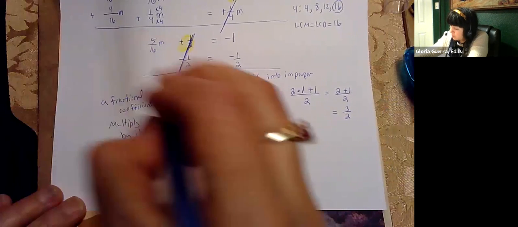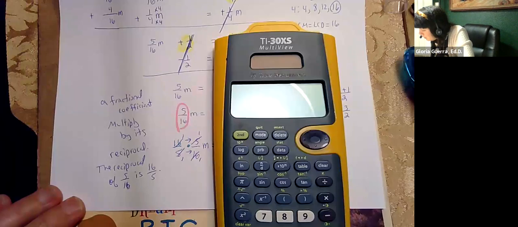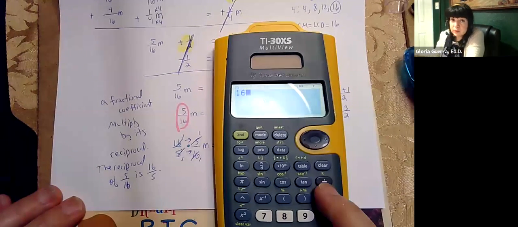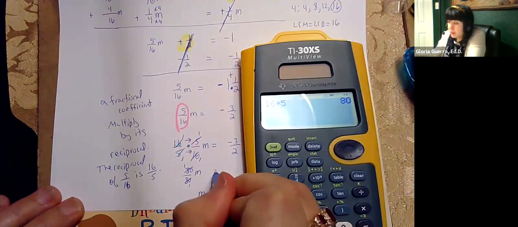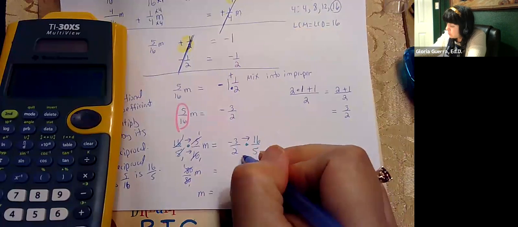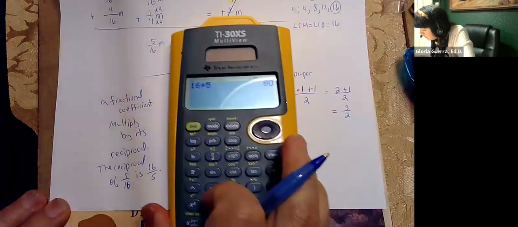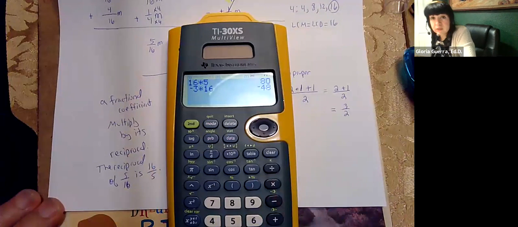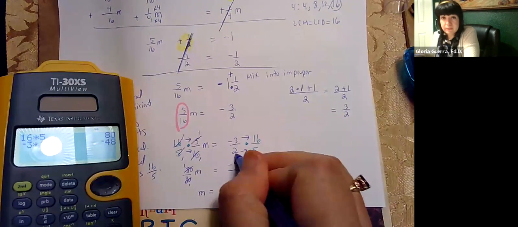Or if you multiply across 16 times 5, I think that's 80. 16 times 5, yep, that's 80. So then that's 80/80m, but then that divides out, and that just gives you n. And then when you multiply the other side, -3 times 16 and 2 times 5. So -3 times 16 is -48, and 2 times 5 is 10.